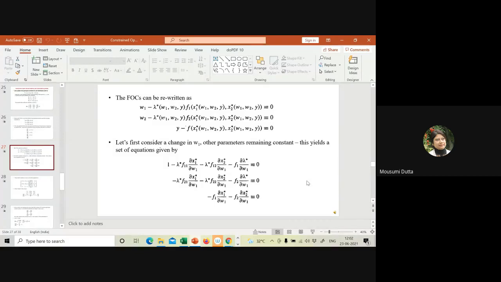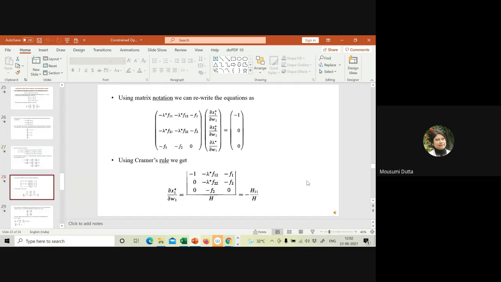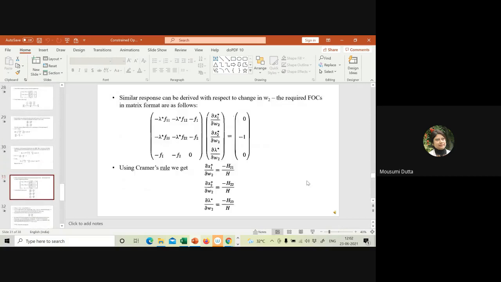The third equation will be very similar, only del W1 will be replaced by del W2. Once you get three equations, please write down the equations in the matrix format and please check whether you are getting this.